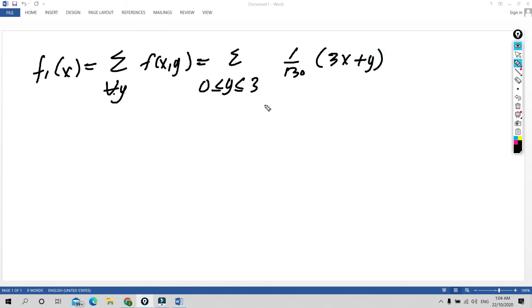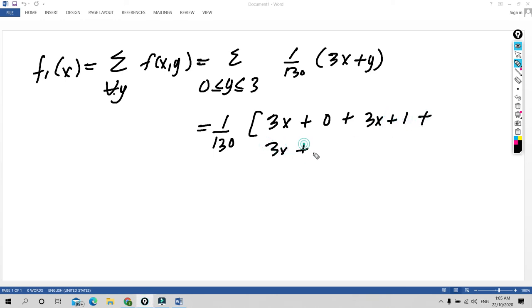If you sum for all y, we just focus on y, so 3x plus 0, plus 3x plus 1, plus 3x plus 2, plus 3x plus 3, because the last y is 3.